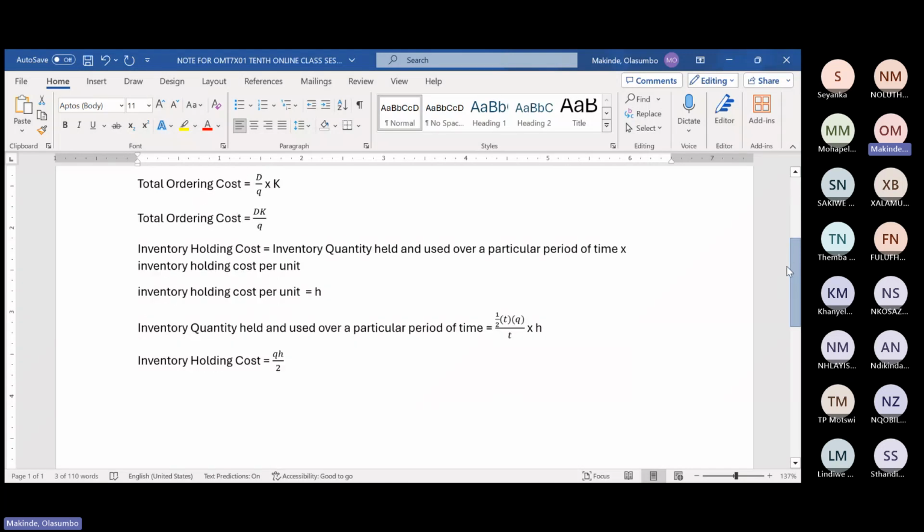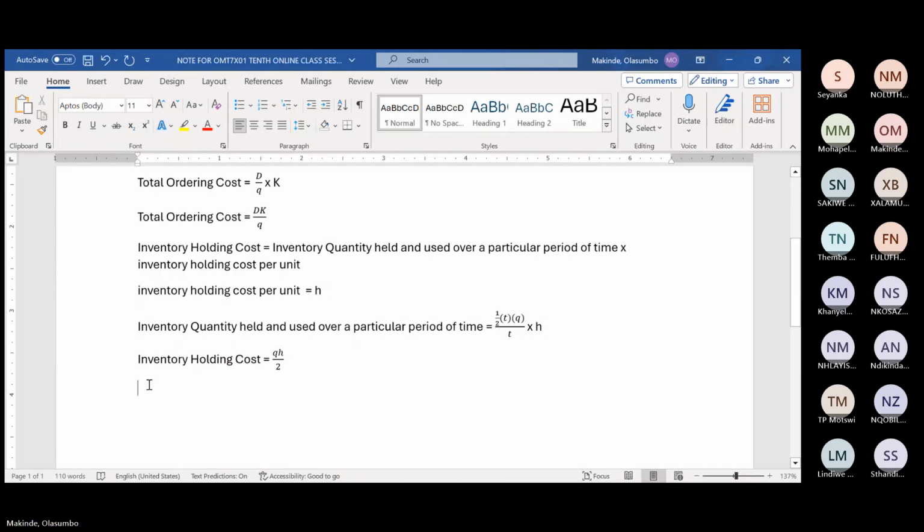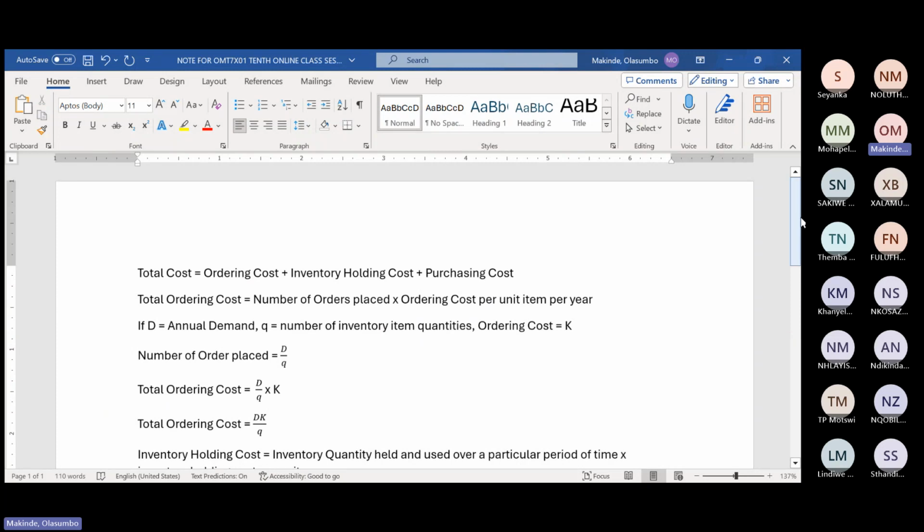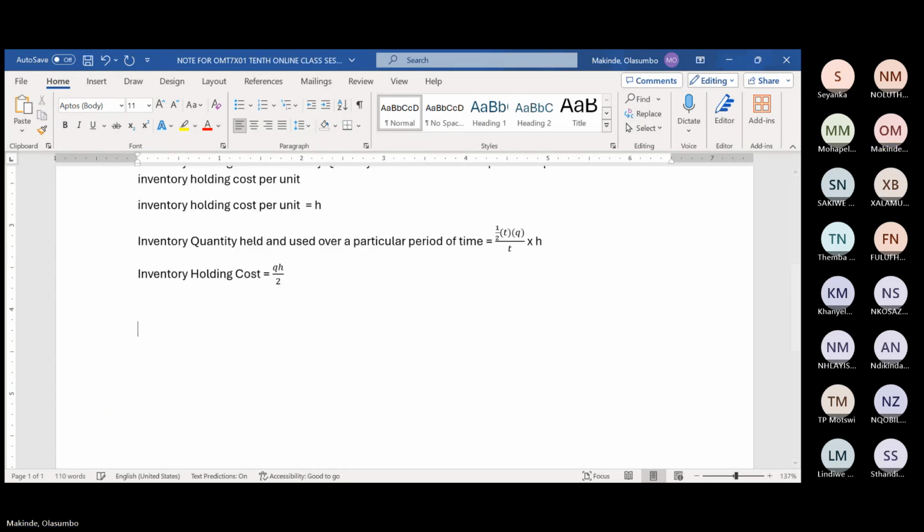Then the next one is purchasing cost. This one is very straightforward.